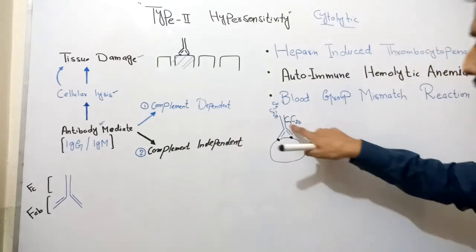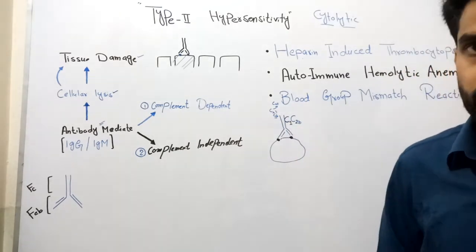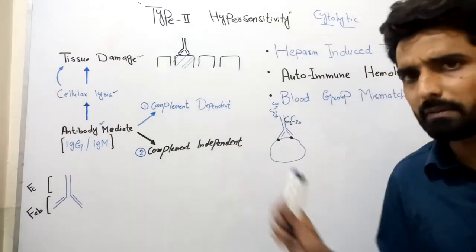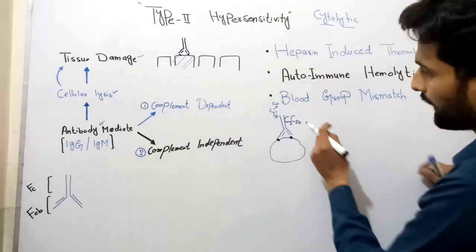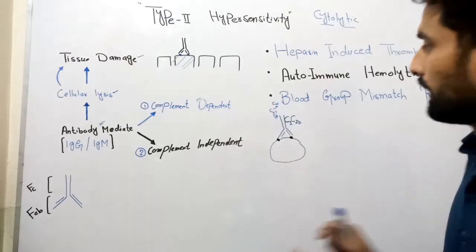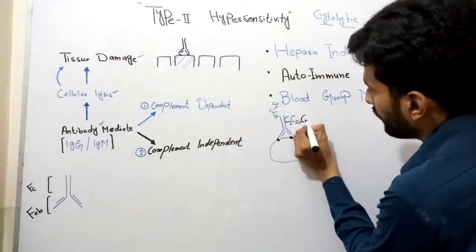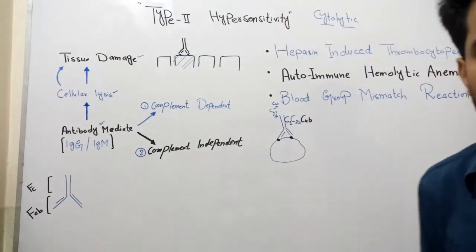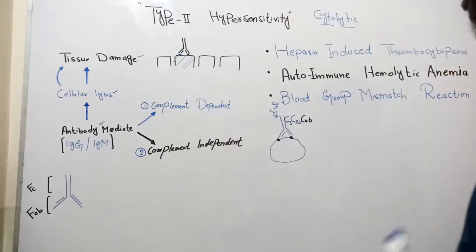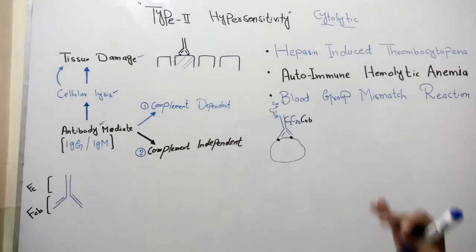The C2B will attach with this C1. The detail of the complement system has been given in my previous video. Now this C2B will convert C4 into C4A and C4B. The C4B will attach with this complex, and C4A will stay away and perform some other function. Details have been discussed in my other videos related to the complement system.